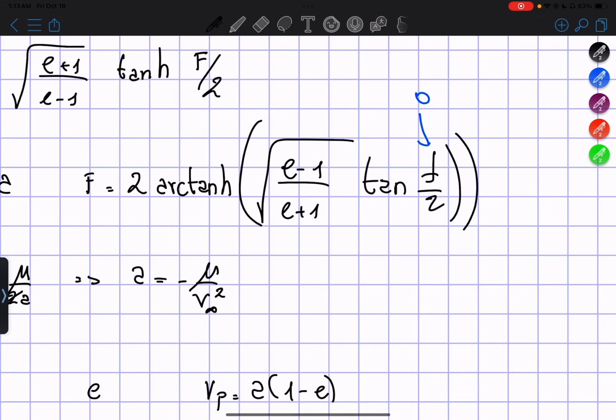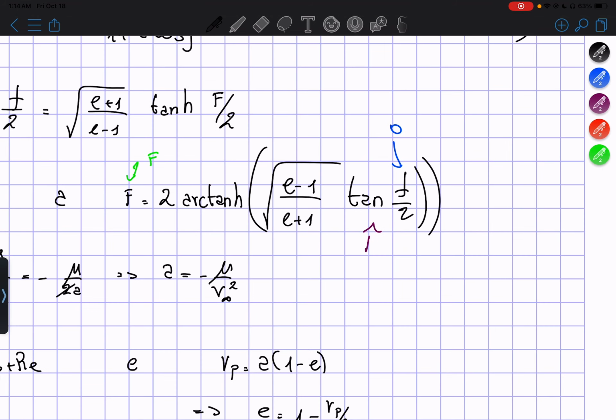Now, what is tangent of 0? I'll be honest, I don't remember. I think it's 1, but I'm going to just solve it. It is 0, yes, so everything goes to 0, so our F here goes to 0. I should have expected it.